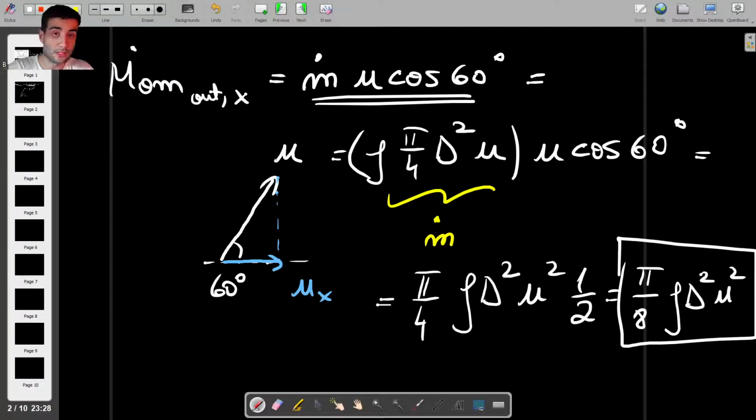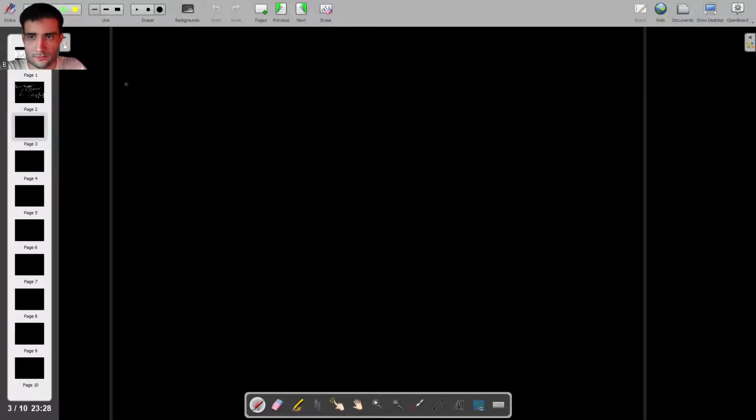So this is how much momentum comes out per second from the control volume in the x direction. This is the momentum out x, and now we're going to find an expression for the momentum in, the momentum that goes into the control volume in the x direction.